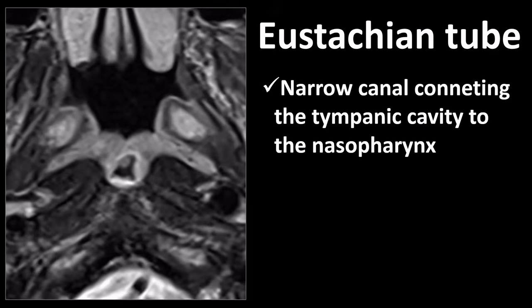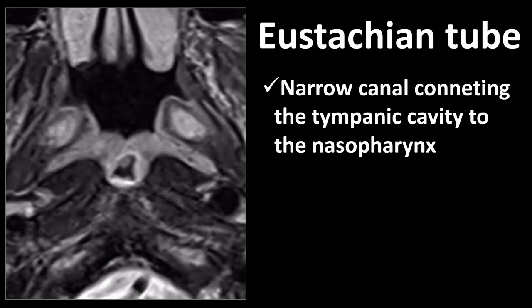If you know of such a study, please let me know. So when I say I think it is cartilage, that's just my personal opinion. I don't have any real proof for that statement. But what is more important, you will often see that the Torus Tubarius has this very hyperintense component on T2 weighted images, which even further helps you to detect the Torus Tubarius and to visualize it.